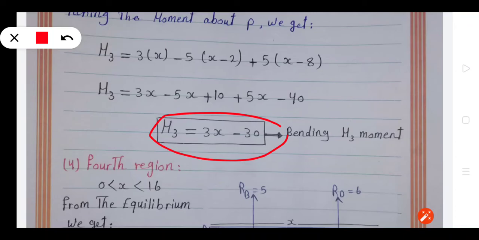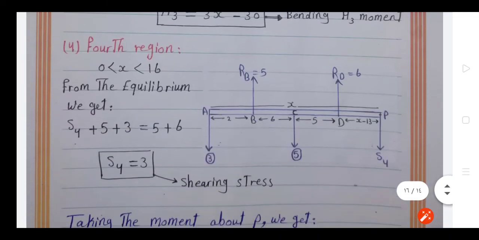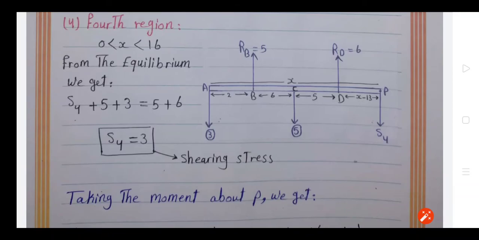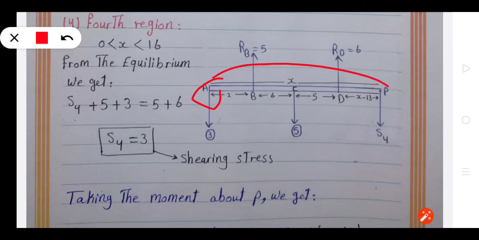The fourth region, that's from fixed point A and before point E, which have the weight 3. The distance from B to fixed point A is x, and shearing stress is S4.